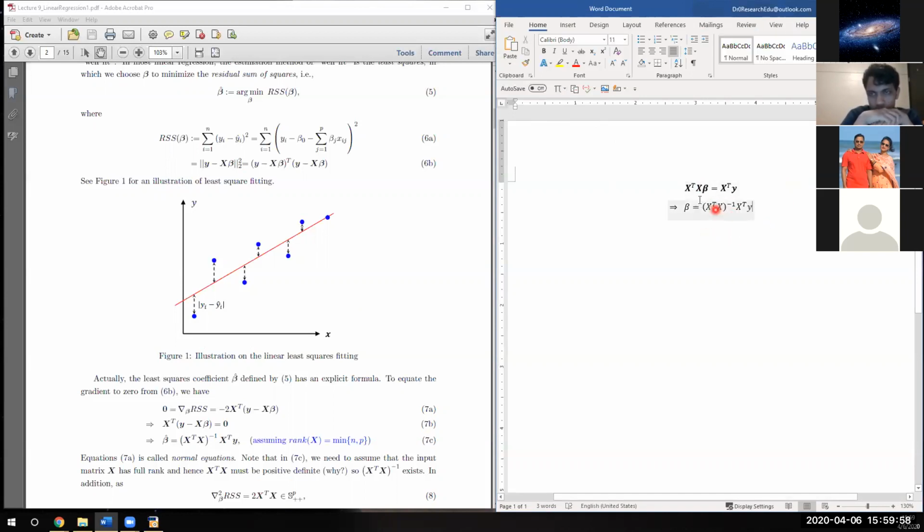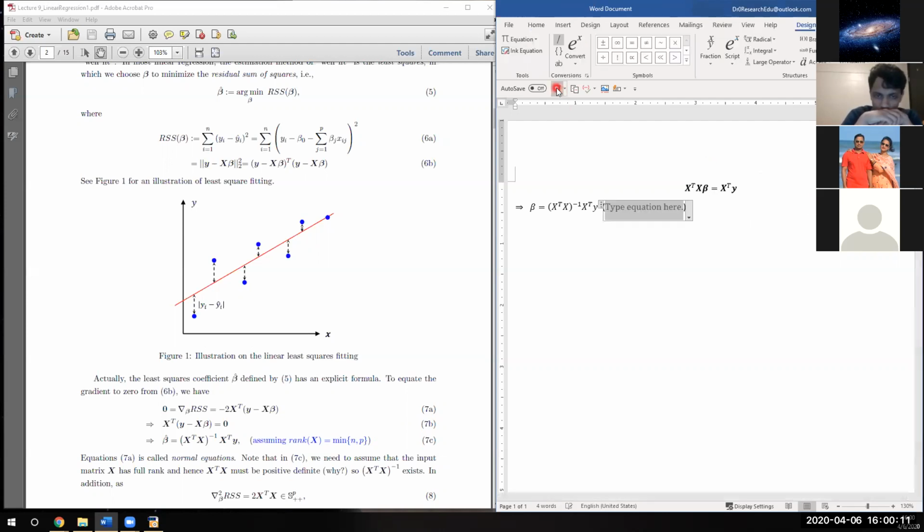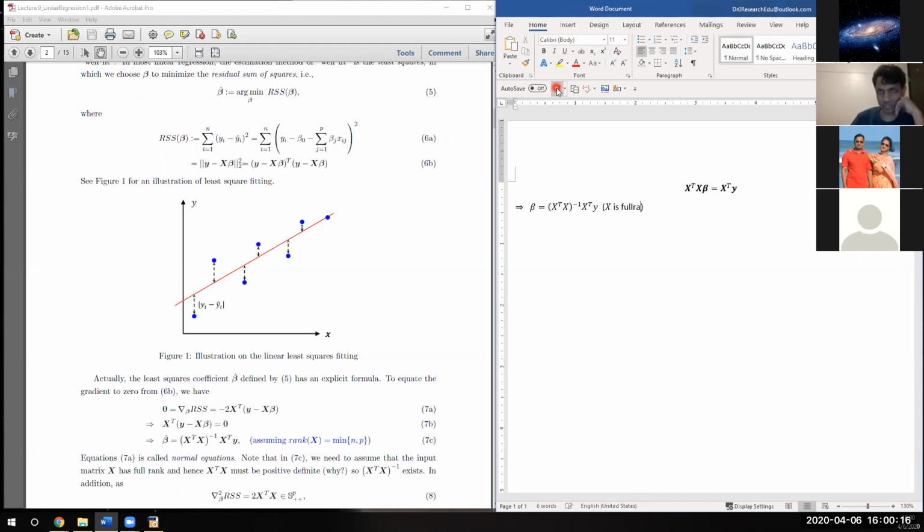But there's a problem. What is the problem? How do you know X^T X is invertible? Here we need an assumption that X is full rank.